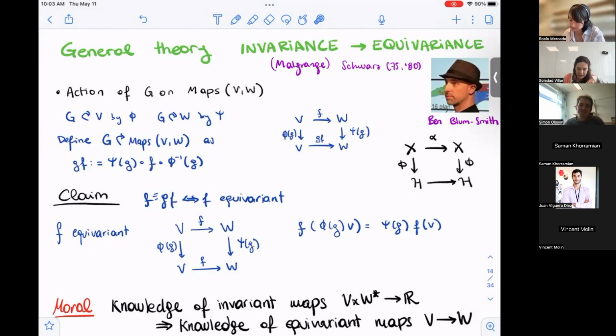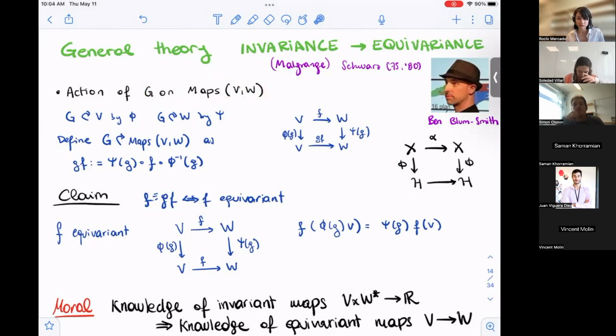And basically the idea is that if you have a group acting on a space V and acting on a space W, it can also act on the maps between V and W, and the equivariant functions from V to W can be obtained from the invariant functions on the space of maps.